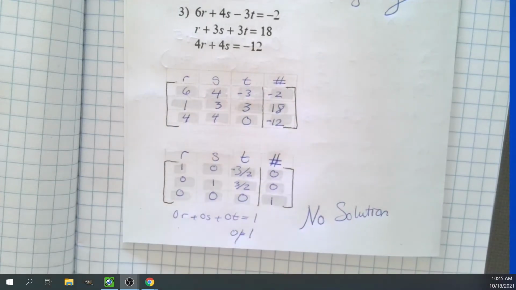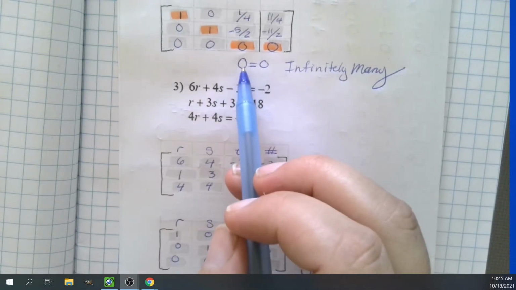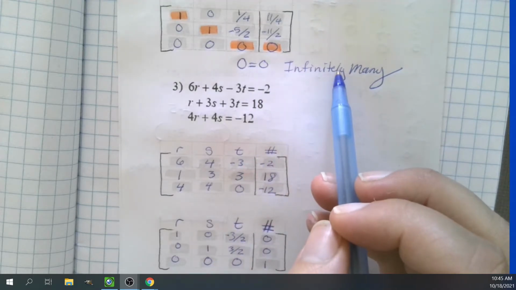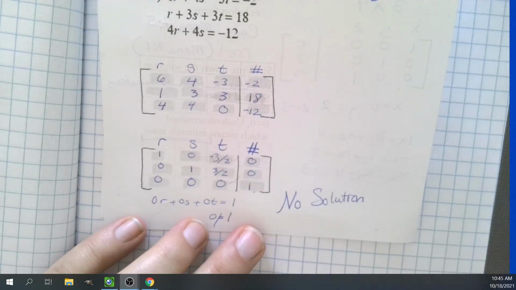You guys seeing it? Your brain breaking? Okay, so if you get 0 equals 0, infinitely many. If you get 0 equals a number, no solution.